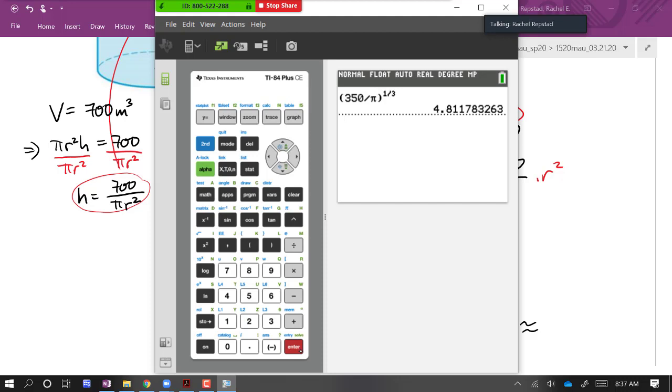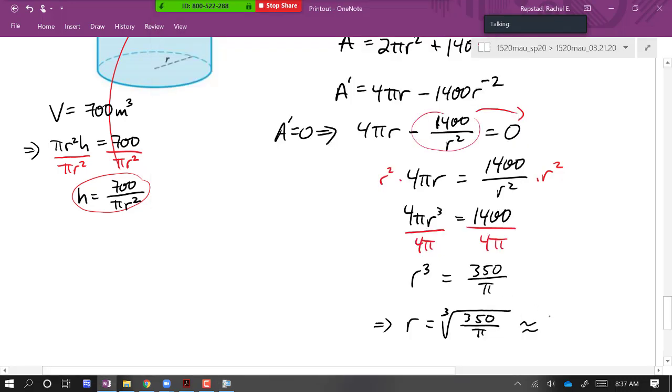So about 4.81 meters. Now we don't know yet. So we found one, there's only one cube root. With square roots there's a positive or a negative, but cube roots is just one real cube root of a number. So there's one critical value.